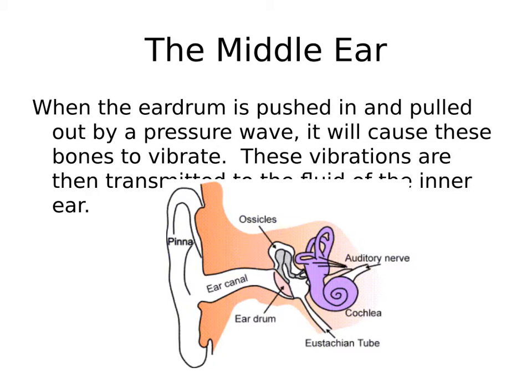So when that eardrum gets pushed and pulled out by the pressure wave, it causes the bones to vibrate. And these vibrations transmit those sound waves or the sound energy into the fluid of the inner ear. So we've got some fluid in here. We call these the semicircular canals.